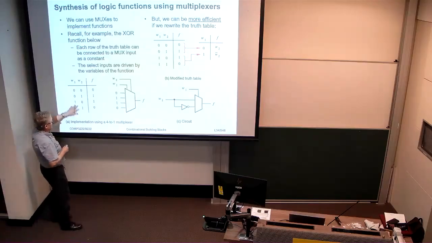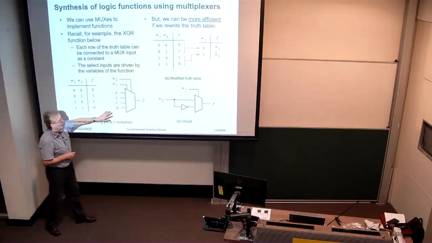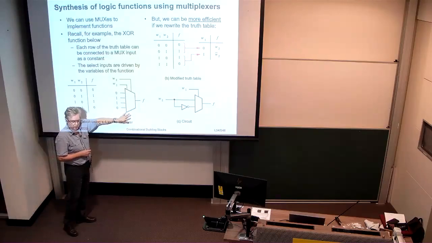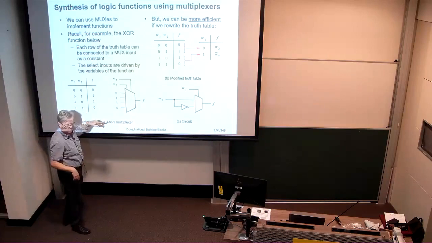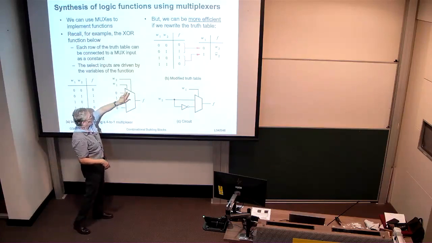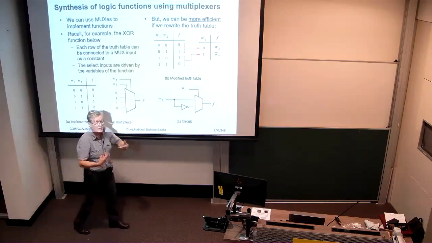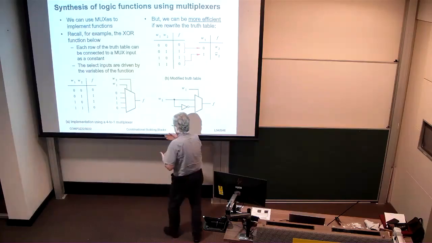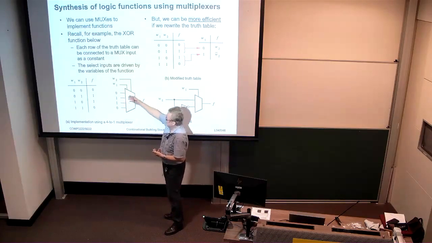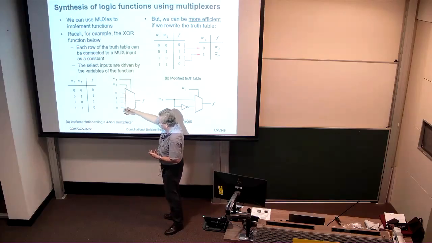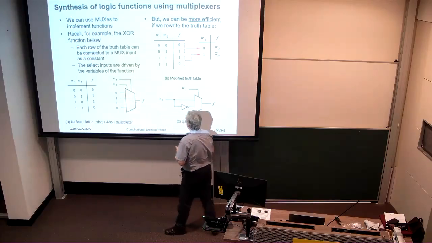We saw how to implement the exclusive OR function using a 4-to-1 mux, whereby the two variables that we want to form the exclusive OR between become the select inputs of the mux. And we hardwire the inputs to the mux to 0, either voltage low or voltage high.